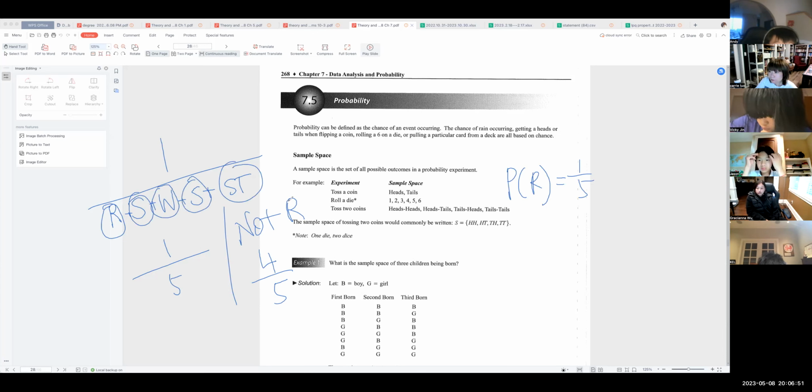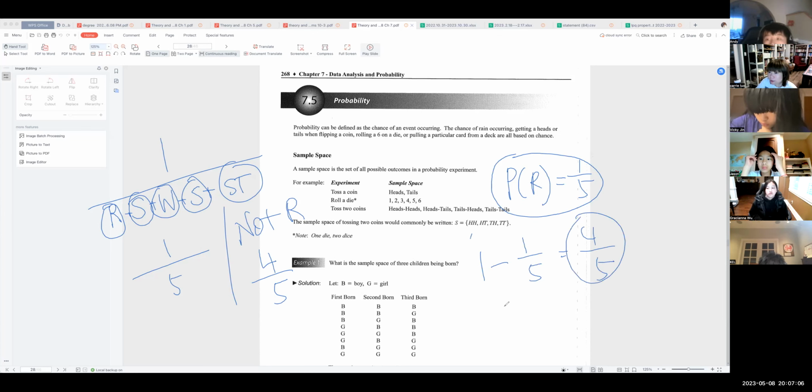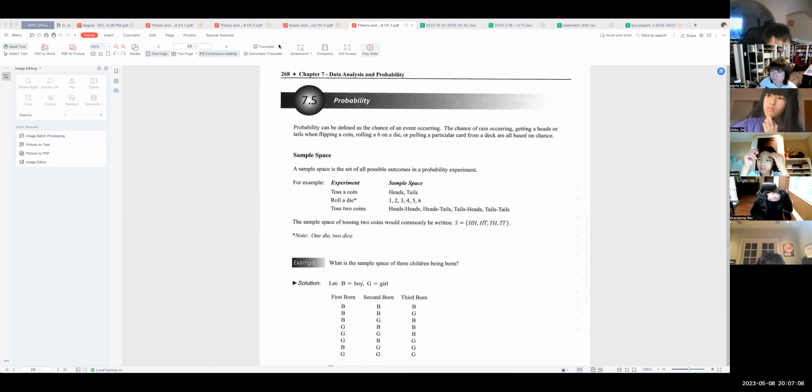Correct? Graciana, understand? If rain is only 1/5, then not rain should be 1 minus 1/5 equals 4/5. Understood, everybody? When will we use this? We'll get to it later.